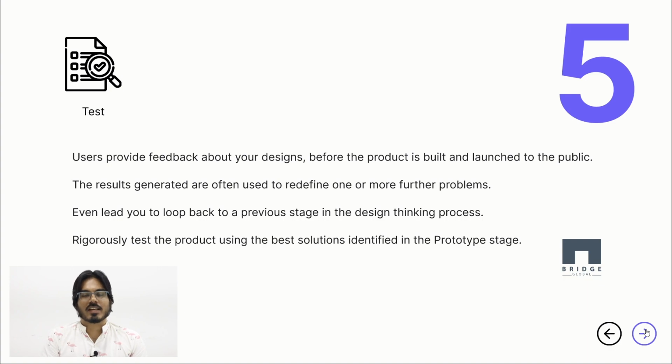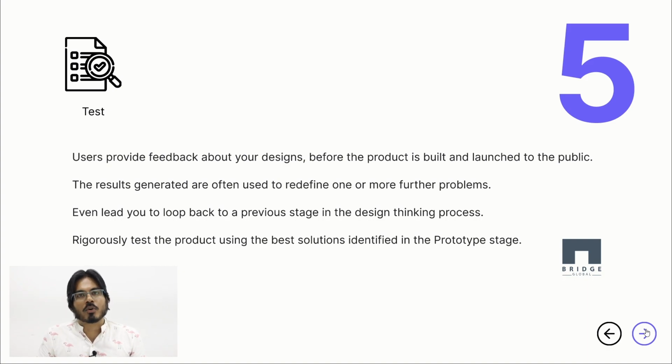We can go back to previous stages and try to figure out which is the right solution, or how the right solution is going to work in an actual problem environment. These are the 5 stages, and it's not a linear process. So as you can see, we can go from the empathize stage to the ideate stage, and from there to the prototype and testing. We can always come back to the previous stages.